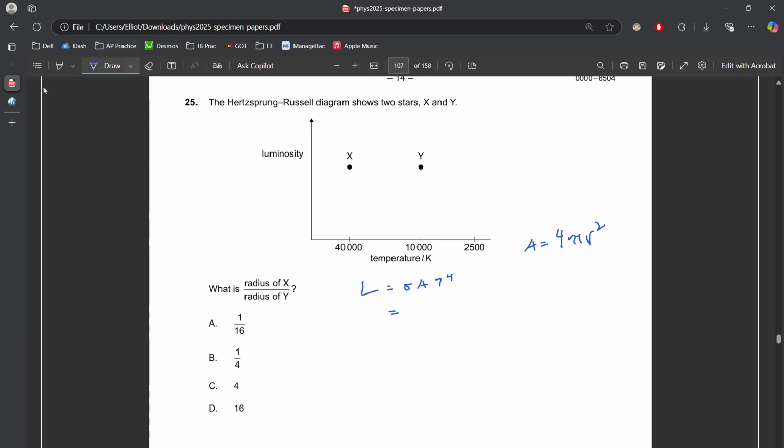So that's all to say that this is equal to 4 pi sigma r squared T to the 4th.